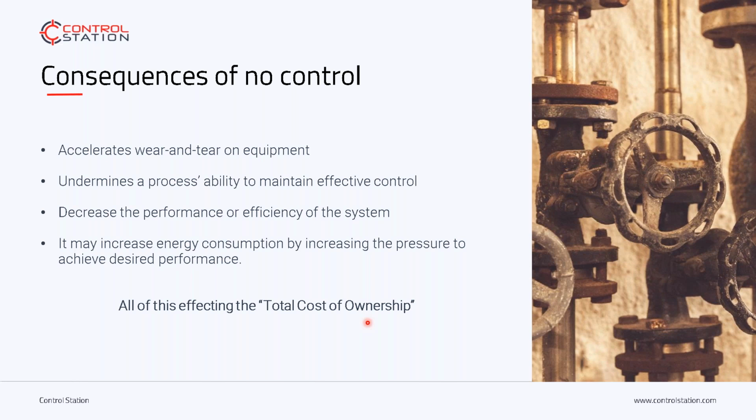Brad, I call that consequences of no control, the why am I here question. As an automation or a process engineer, you end up standing in front of a PID and a valve and an instrument and going, well, what has brought me here? Because it's not working for the operations, etc. And then you have to try and analyze what these consequences are.